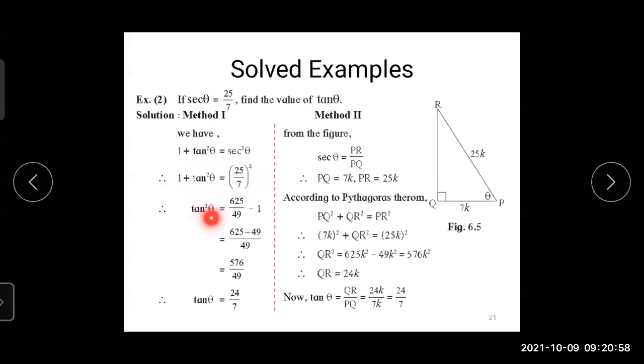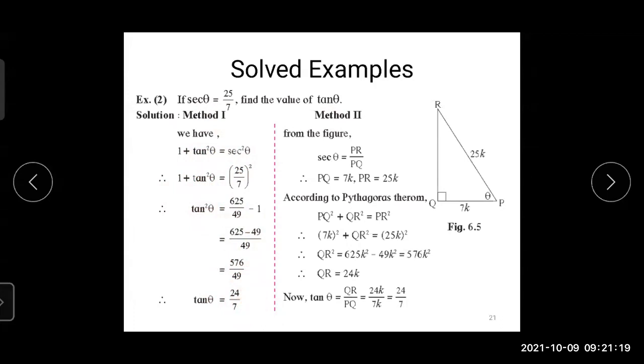Tan square theta will be 625 upon 49 minus 1, so 625 minus 49 upon 49. We get 576 upon 49, and taking the root of it, we get 24 upon 7. So tan theta will be 24 upon 7.